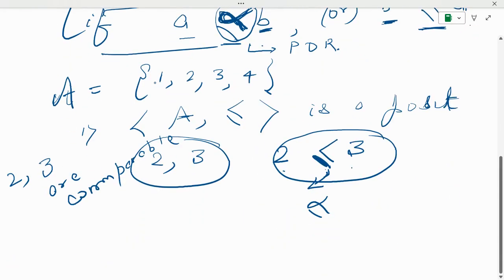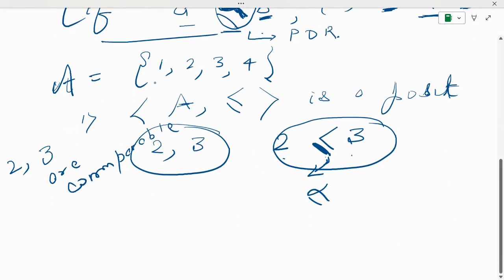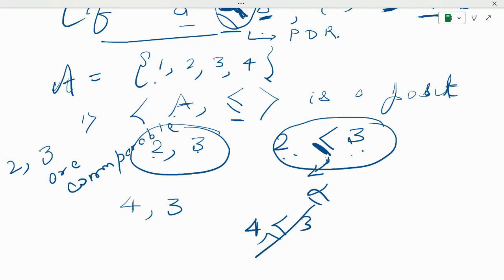In this example, it is much clearer: if A is a set and less than or equal to is a partially ordered relation over A, then 2 and 3 are comparable if 2 is less than or equal to 3. If we say 4 and 3, is 4 less than or equal to 3? No. So we can't say that 4 and 2 are comparable, or 4 and 3 are comparable.